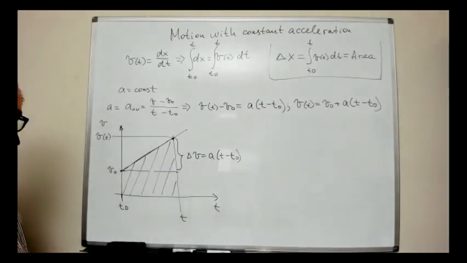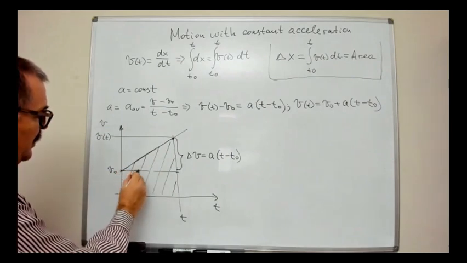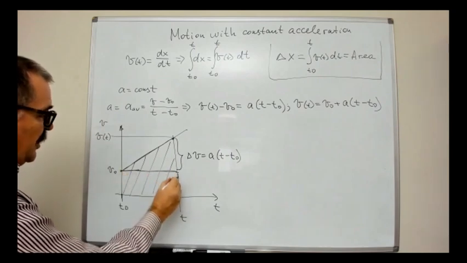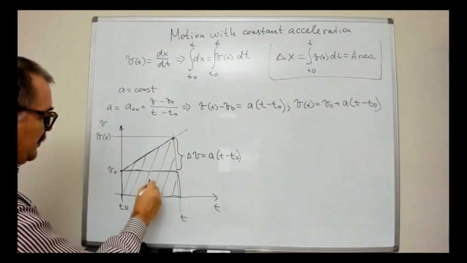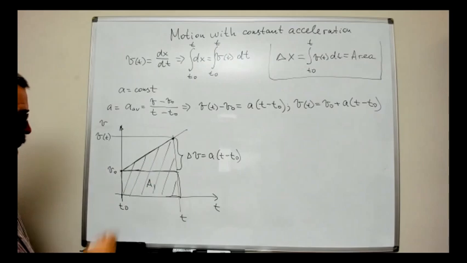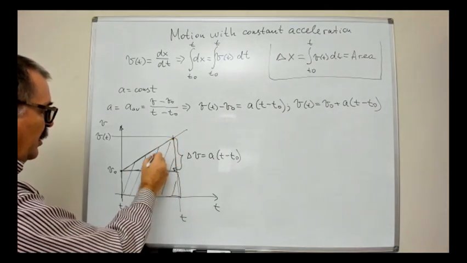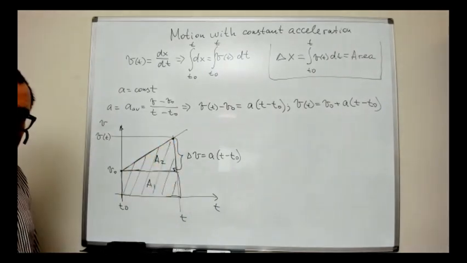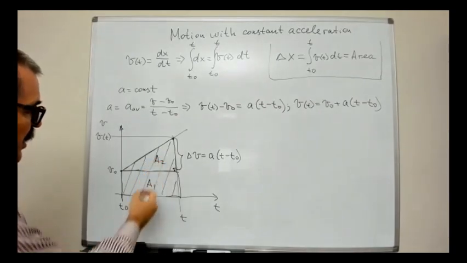I can easily find the answer here just by considering that this figure contains two well-defined figures. It's a right angle parallelogram, so I will use that figure to evaluate area A1. And then there is the right angle triangle. I will use the known formula for the area of a right angle triangle to get A2.